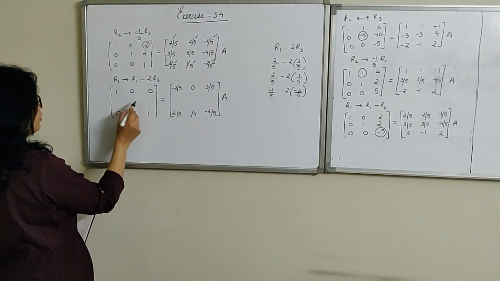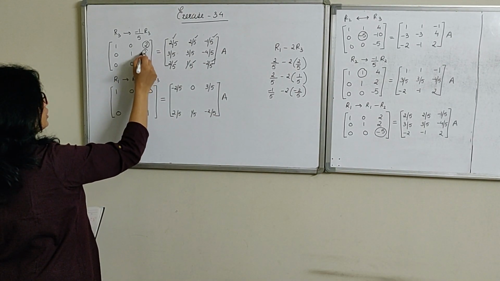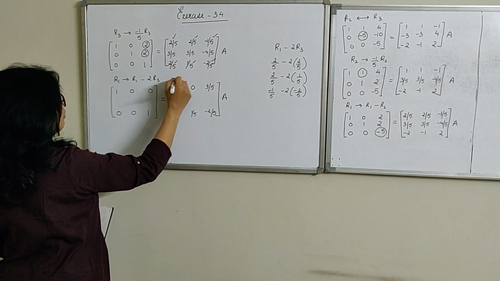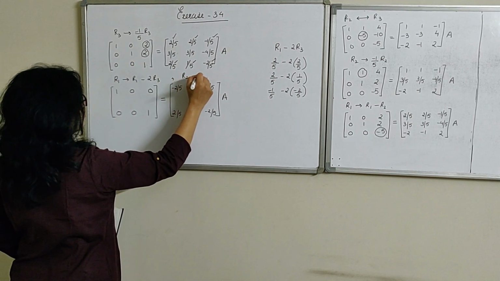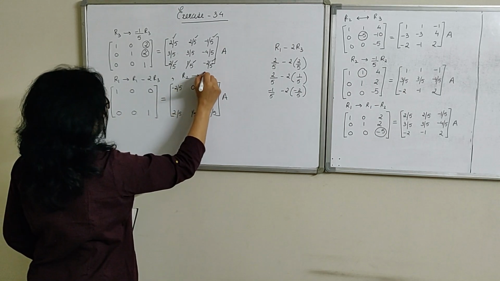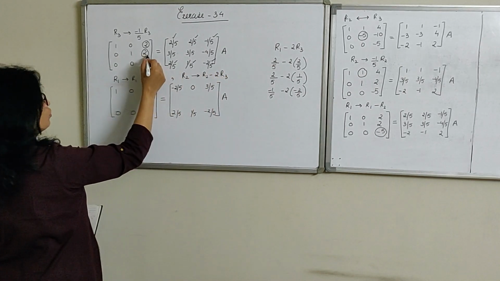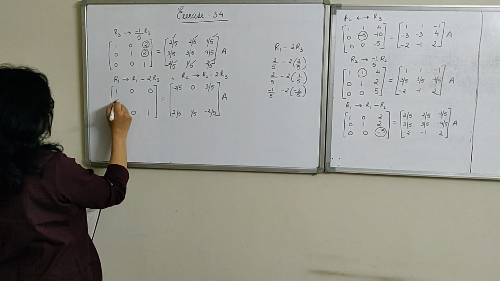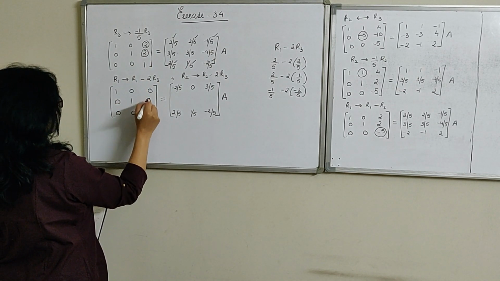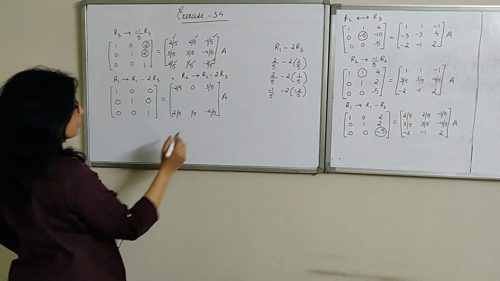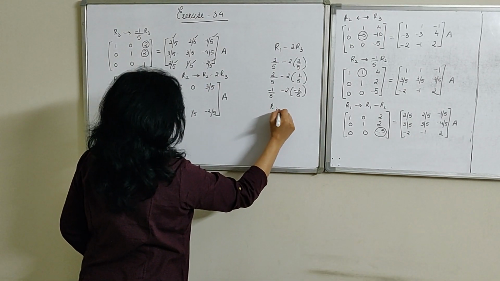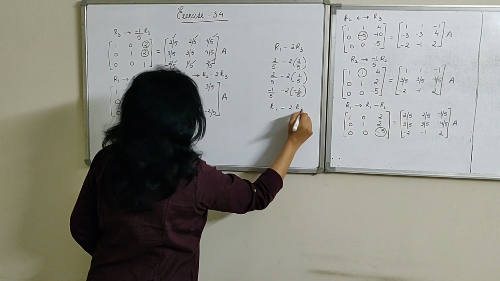And now for the second row, we are performing an operation in the same step. The element is in second row, so performing an operation for second row as R2 minus twice R3. 2 minus twice of this will give us 0. So this way, identity matrix obtained here. Now this operation is R2 minus twice R3.